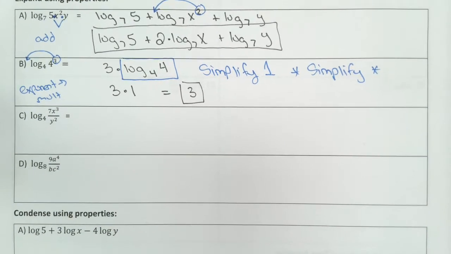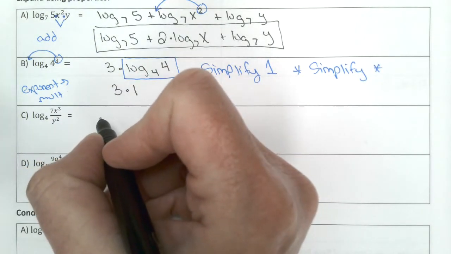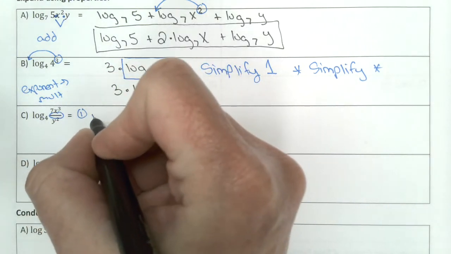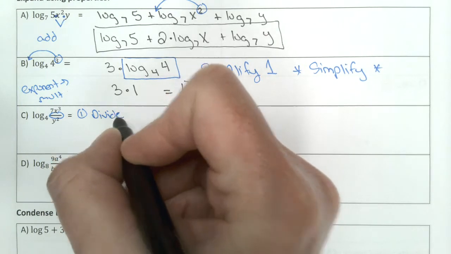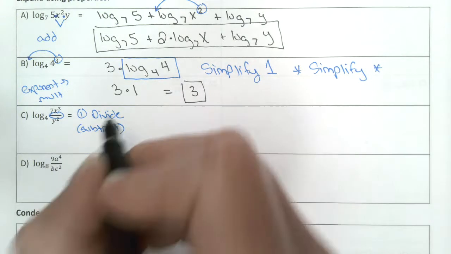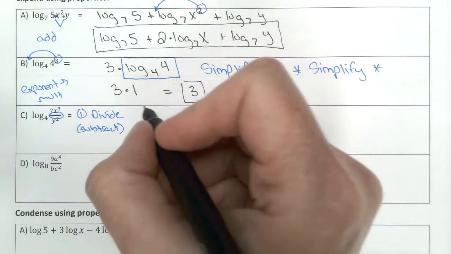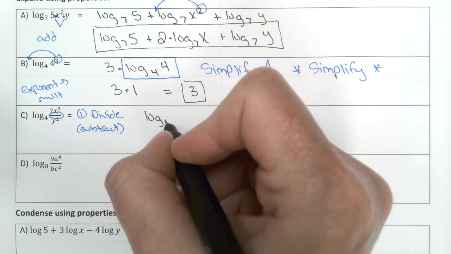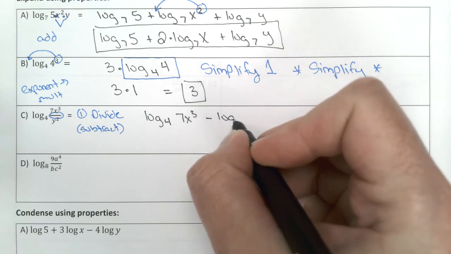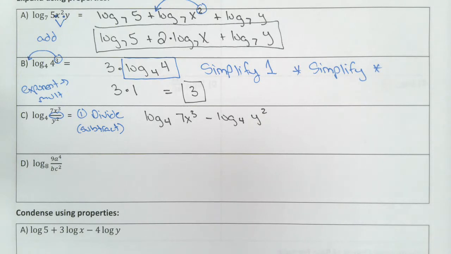On part C, I have a lot of things going on. First thing that I would do is I would break this up and I would deal with my divide first. And you need to remember that when you see division, that breaks apart using subtraction. So I have log base 4 of 7x to the third minus log base 4 of y to the second.